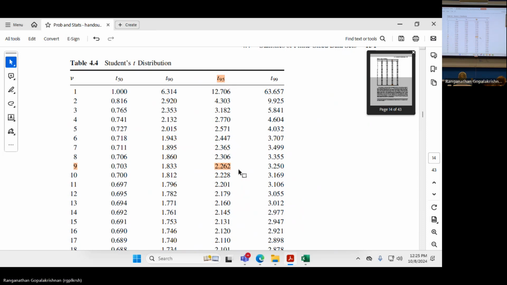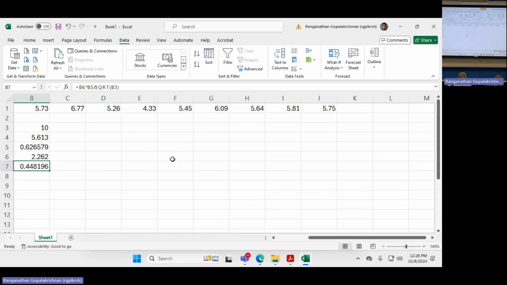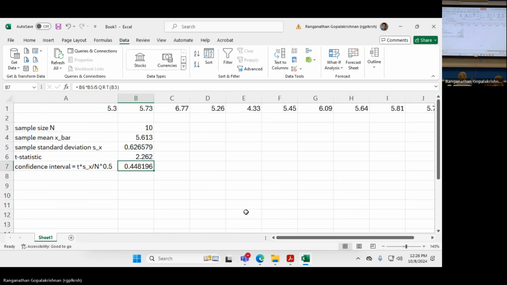Okay. So if I take 2.262, put it in here. And then I have t statistic multiplied by standard deviation divided by square root of number of observations, sample size. 0.448196. Problem doesn't end here.